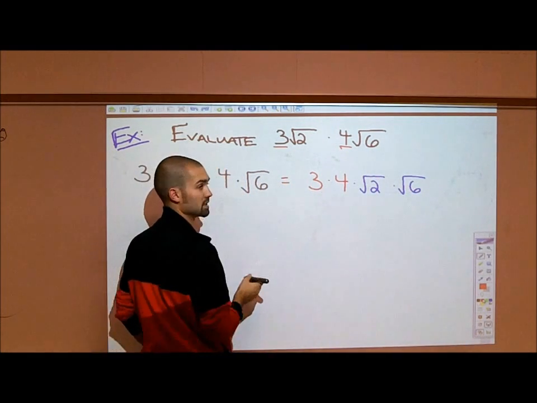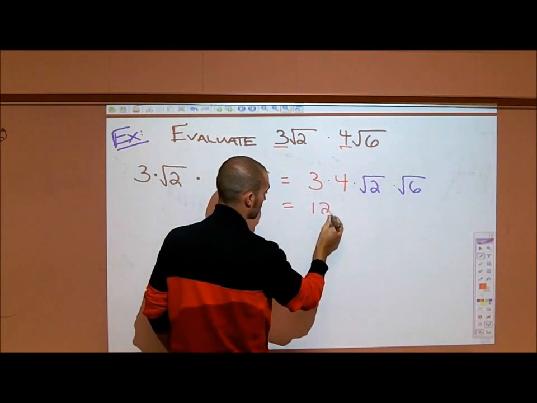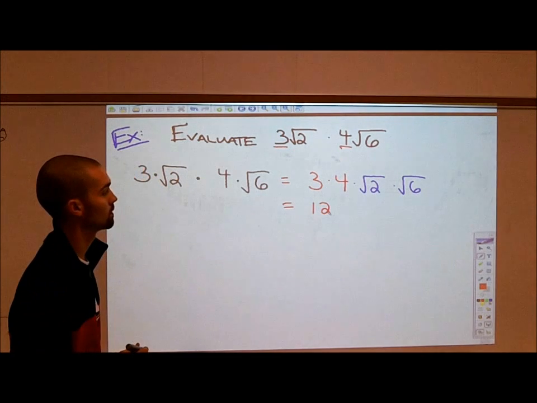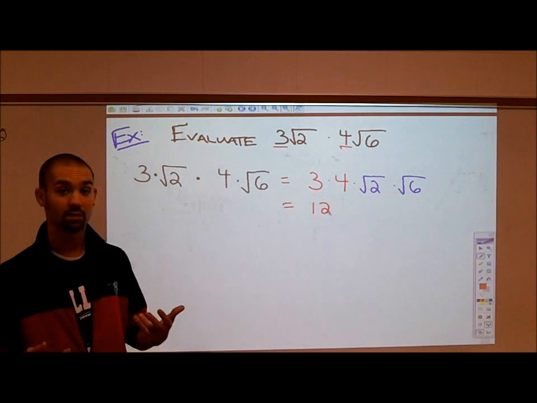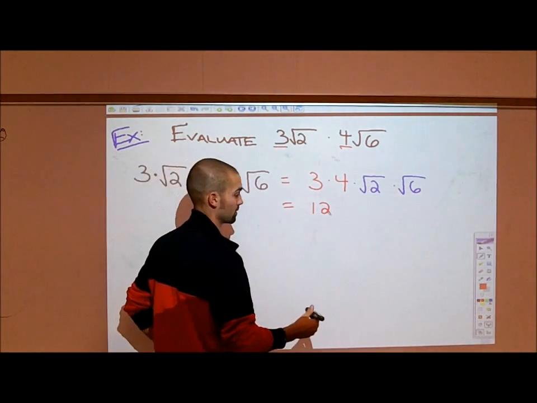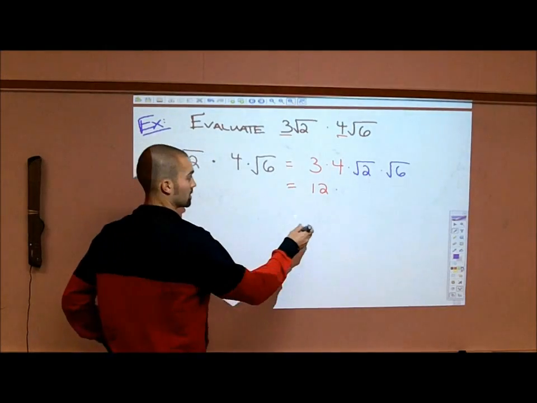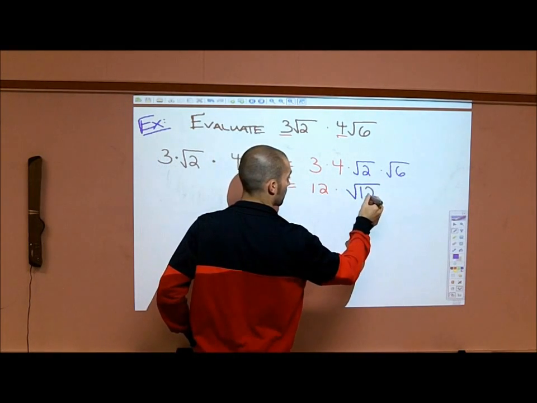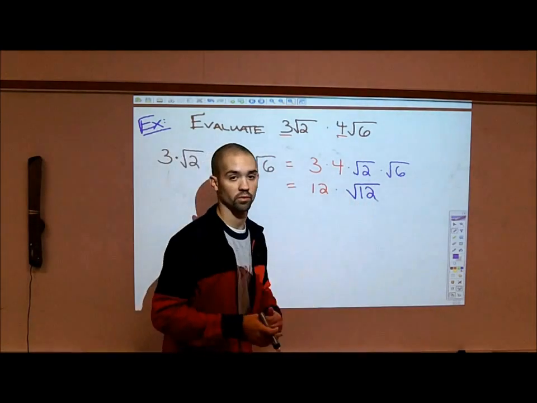Okay? Well, 3 times 4, we know that to be 12. Well, the square root of 2 times the square root of 6 is equal to the square root of 2 times 6, which then results to be square root of 12. Okay? So right now we have 12 times square root of 12.